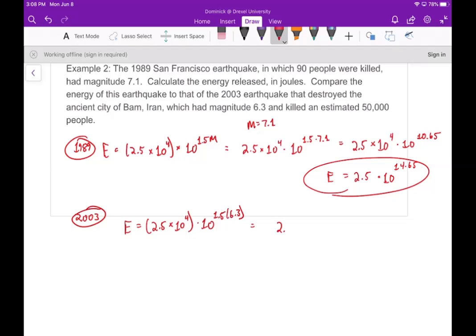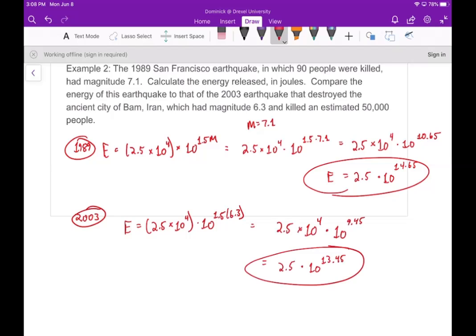So we'll get a 2.5 times 10 to the 4th times 10 to the whatever 6.3 times 1.5 is. And if we do that, it looks like we're going to get a 10 to the 9.45. So 2.5 times 10 to the 13.45.